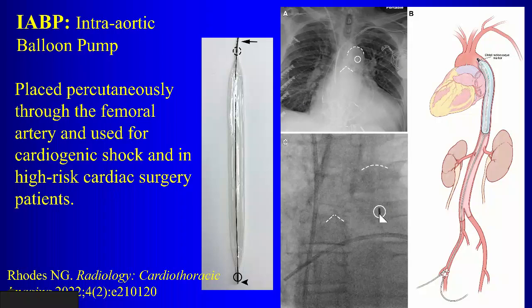The tip is radiopaque, so you want that between the aortic arch and the carina on your chest radiographs. The problem is, if it's too high, when the balloon expands it might obstruct the great vessels. If it's too low, when the balloon expands it might obstruct the renal arteries.